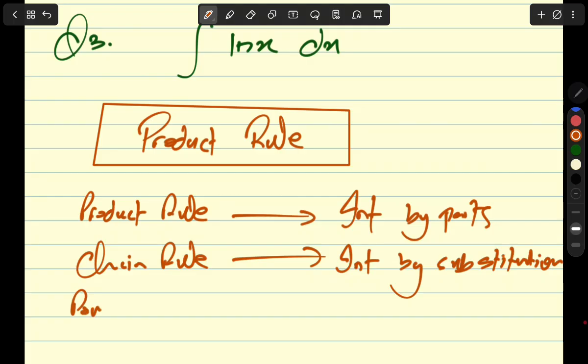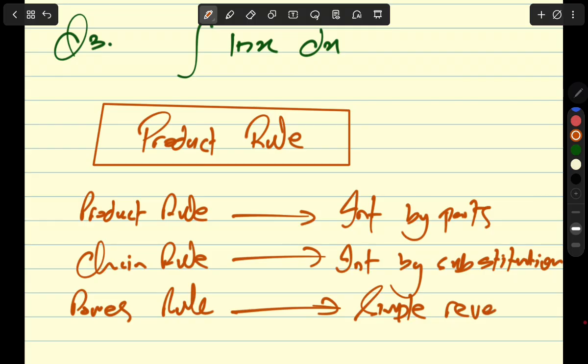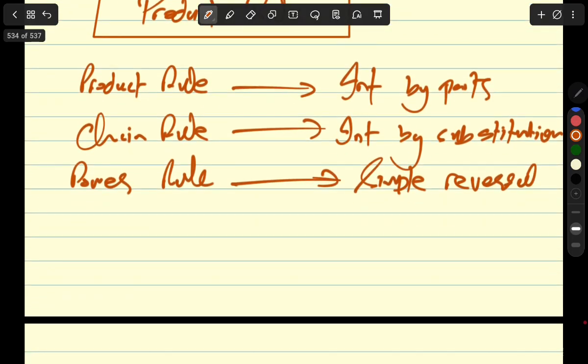Integration by parts. And if it's the power rule, then you undo it by simple reversal of power rule. Okay, simple reversal. Now, that is how mathematicians think, not by memorizing pages of formulas, but by recognizing the structure.